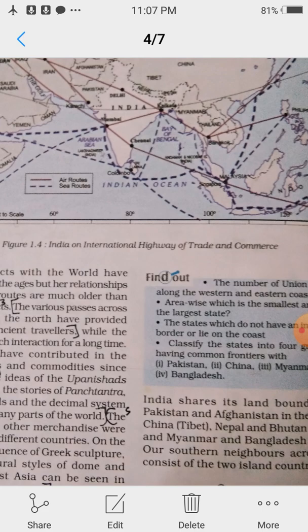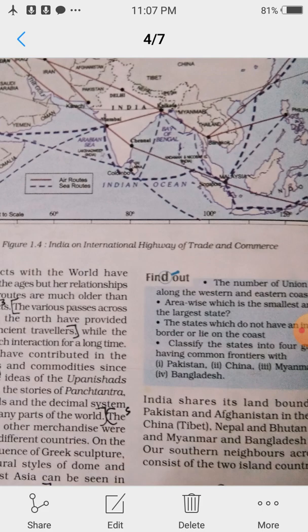So the various passes across the mountains have provided routes to ancient travelers. For a long time, ancient travelers used to come to India through these different passages across the mountains from the northern side.